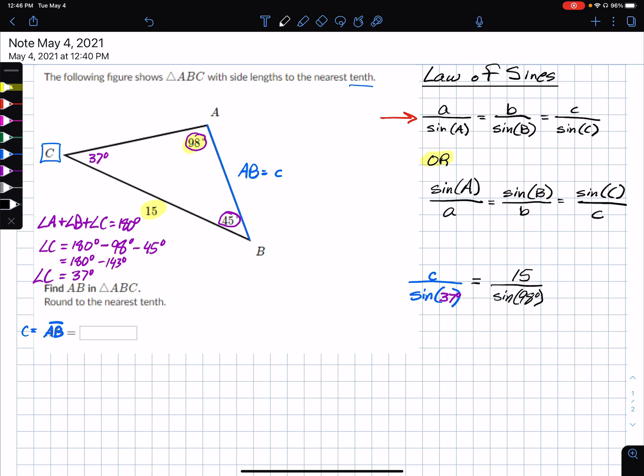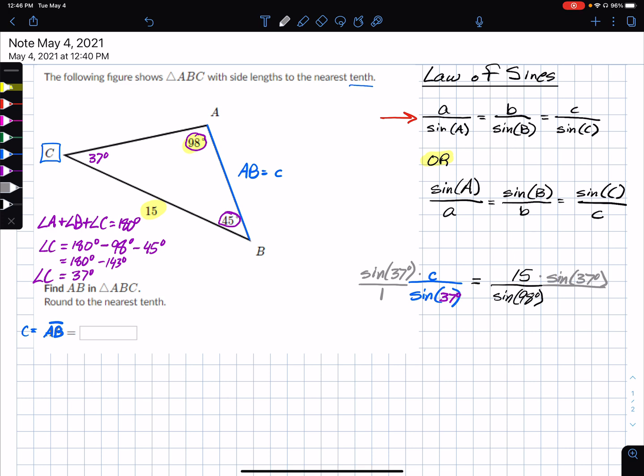We've got one variable. So I'm going to solve for C now by multiplying both sides by sine of 37. The reason I'm doing that is, of course, I want to get C by itself. So in order to undivide C by sine 37, I need to multiply both sides by sine of 37.